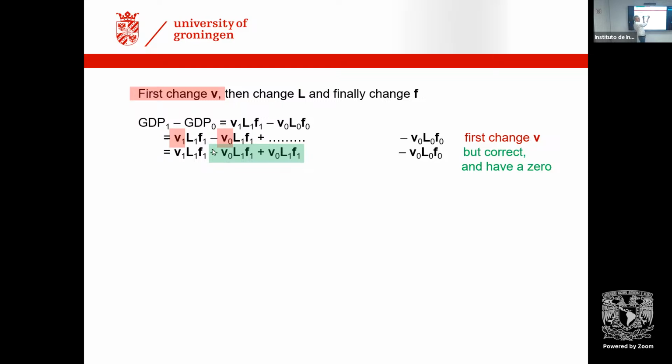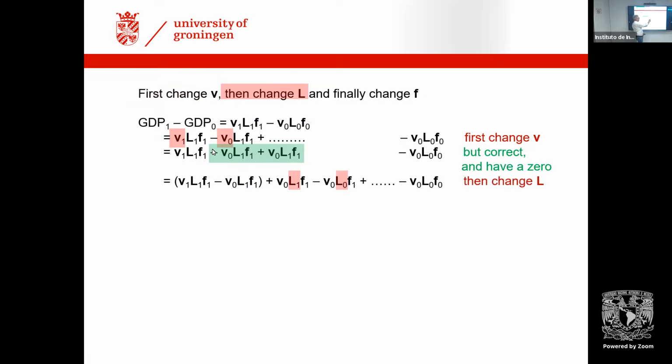So this is 0. The next step is I'm going to change L. First the parentheses. Okay. So the parentheses now are here. The next step is I'm going to change L. So what I'm going to do is change L1 into L0.